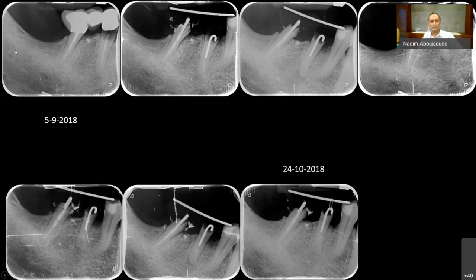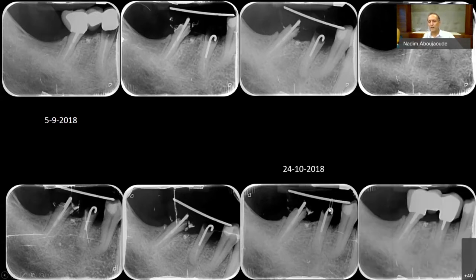You can see the eruption did not take too much time, with the stabilization from September 5 to October 24 or 25. And then a couple of weeks later, we had the bridge done.